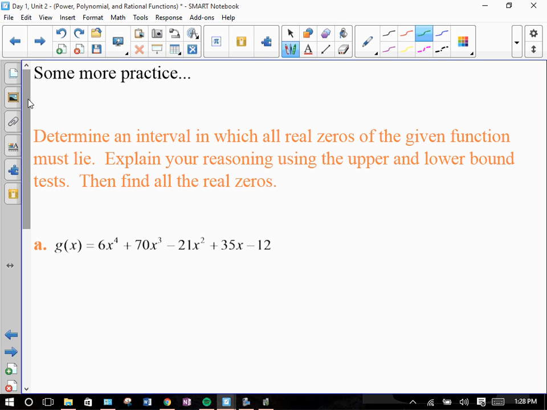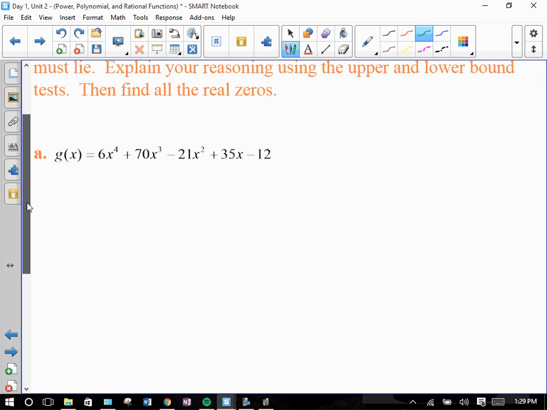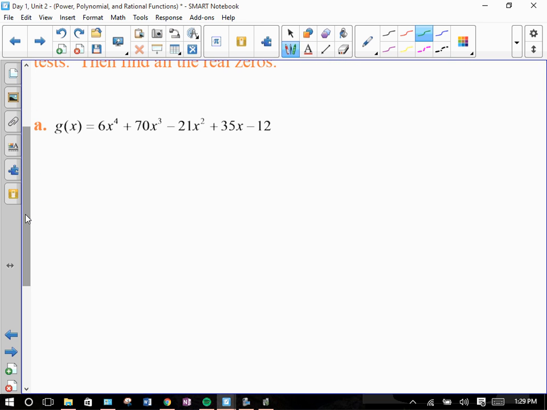Determine an interval at which all real zeros of a given function must lie. Explain your reasoning using the upper and lower bound test. Then find all the real zeros. So let's look at this.